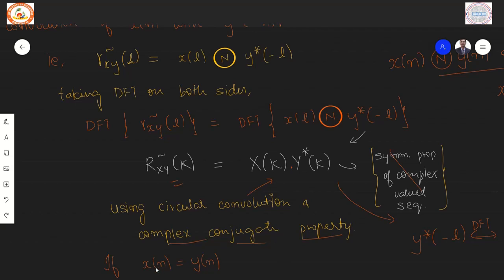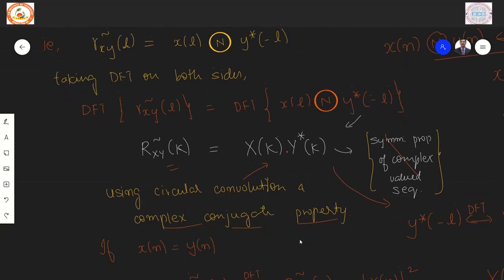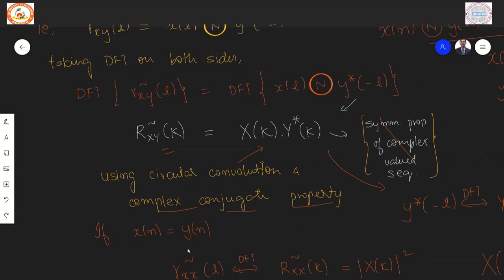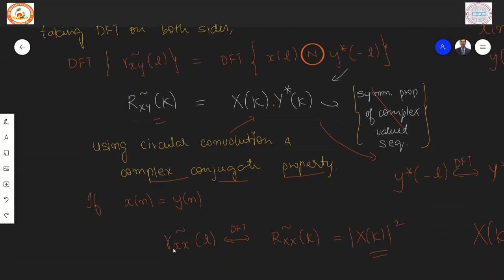Suppose the two inputs x of n and y of n are the same, or they are said to be equal. So y of n is same as x of n. Then it is called Rxy tilde of L. This is described as an autocorrelation.